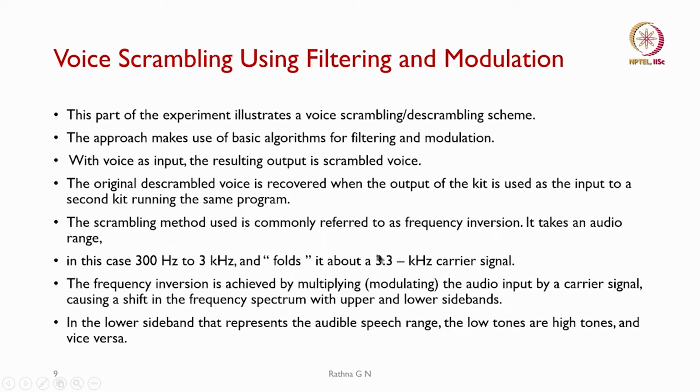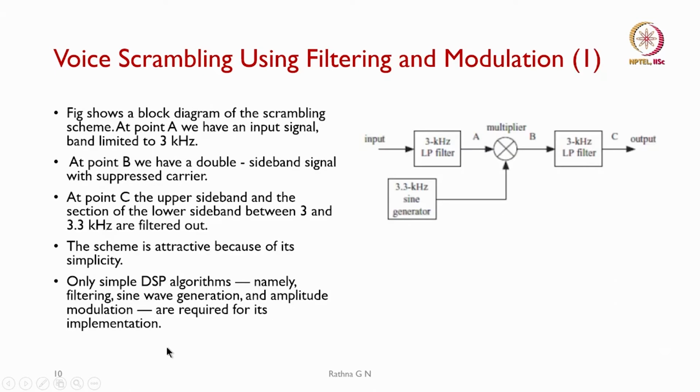One will be the upper and the other will be the lower one. This lower side band represents the audible speech range, where the low tones become high tones and vice versa. So, the low tones become high tones when we have received it, whereas the high tones will be converted into low tones. This is what we will be getting.